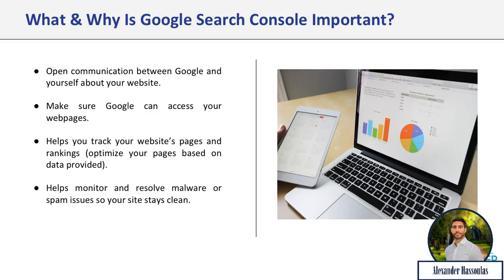The clearer you are about that, the better chance you have of them giving you a fair analysis and ranking you properly within your local area for the terms you're trying to target for your business, right? So having this set up does help them. It also allows them to provide you with a lot of useful information.